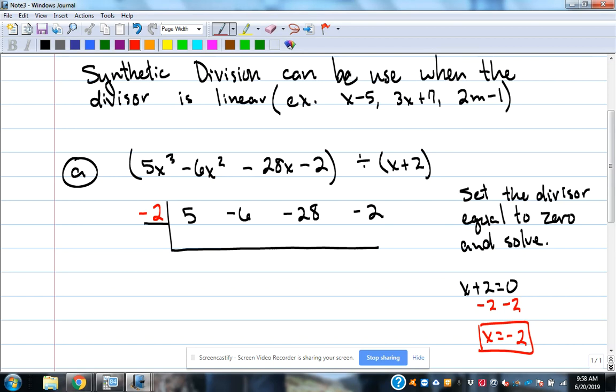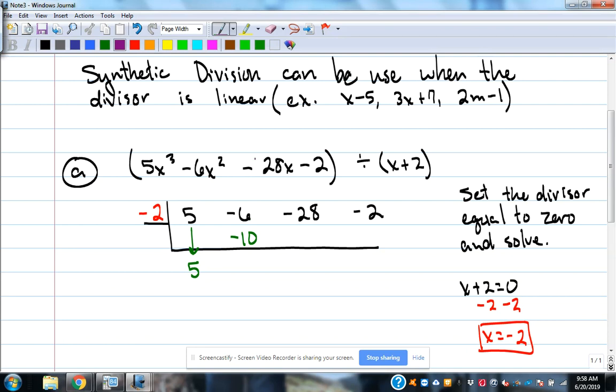So the first step is to drop the 5 down. Whatever that first term is, you're going to drop that number down to the front every time. That never changes. And then the next step is multiply this number down here times the -2 on the shelf. 5 times -2, -10.